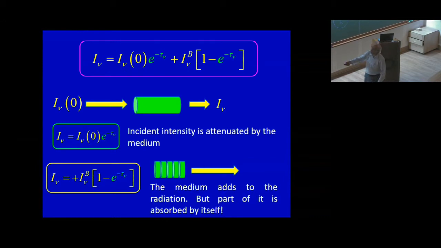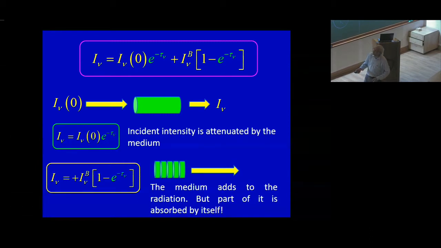I can chop up this body into a series of slices like this. Each will absorb alpha nu ds, and then if you sum the series, you get an exponential. Okay? So convince yourself that this equation makes sense. That is the first term. So the first term is the incident specific intensity attenuated by the body.